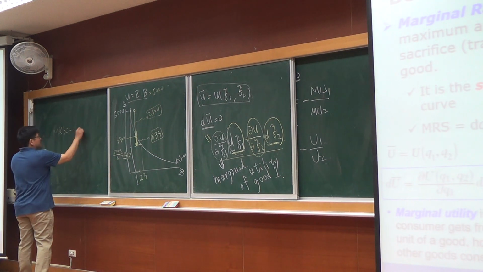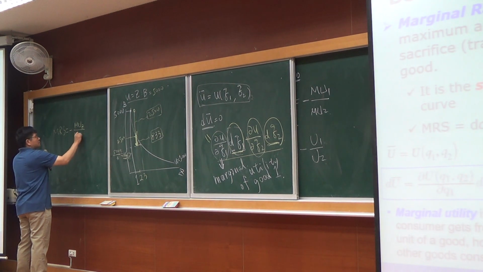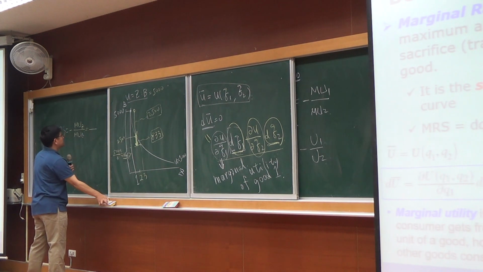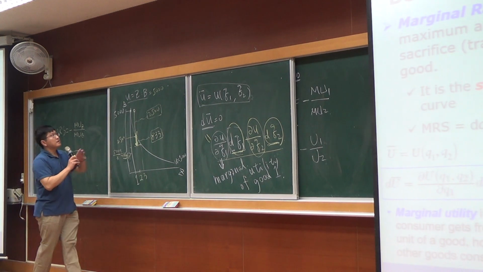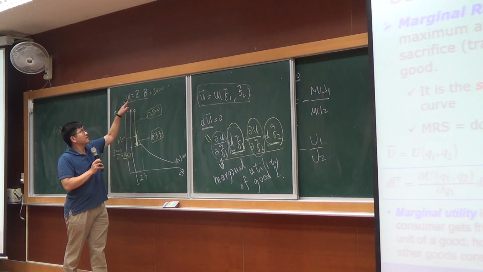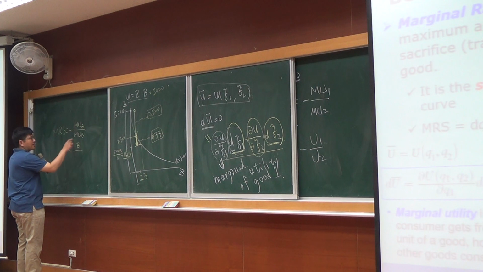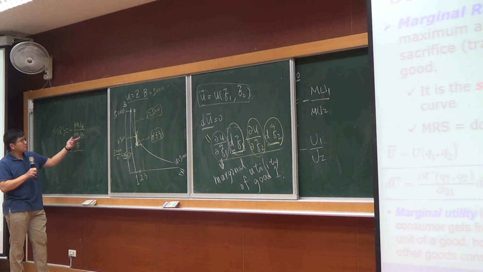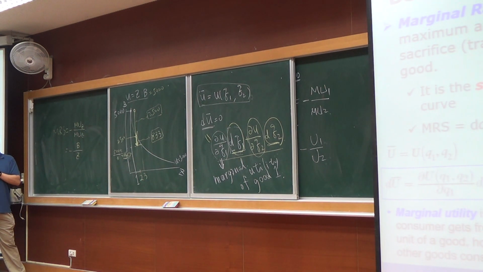Mathematically, MRS equals MU pizza over MU burrito. And partial differentiate U with respect to Z equals B, and partial differentiate U with respect to B equals Z. Okay?